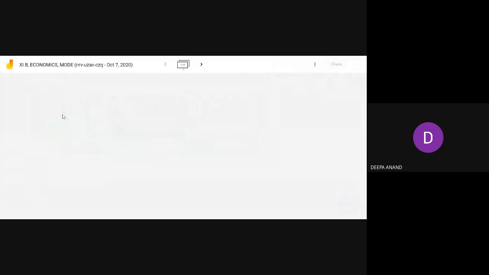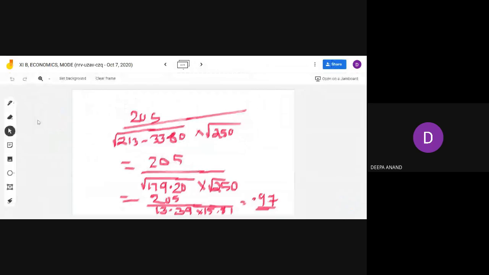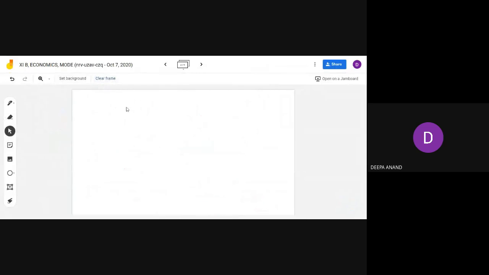Try to do it because standard deviation is given. Standard deviation of the y series is given. So you know the formula is root of sigma y square by n. Because, a minute. So what is given?